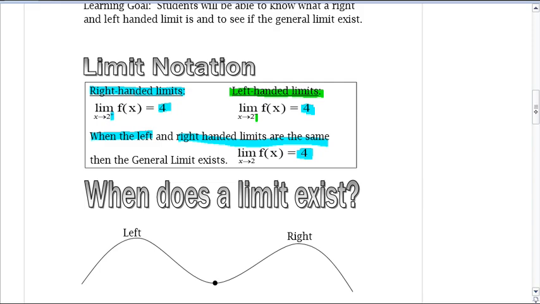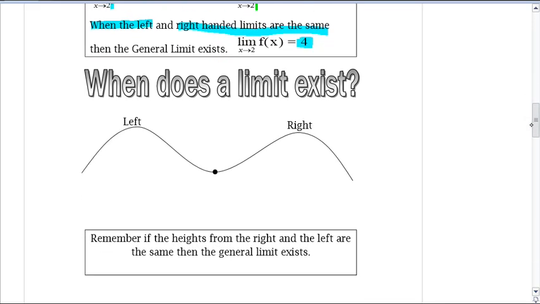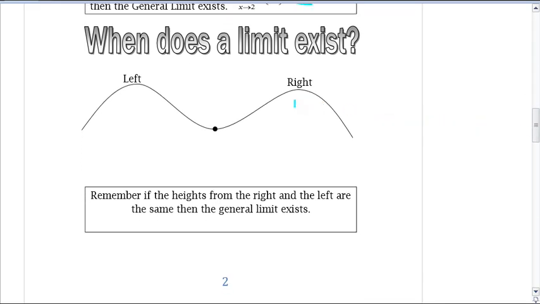Now let's talk a little bit about how we approach from the left and the right. So when does the limit exist? The general limit exists only when the left-hand and the right-hand side have the same height. If they ask you whether it exists, you'd first need to show the limit as x approaches, in this case let's say 0, from the left of f of x.